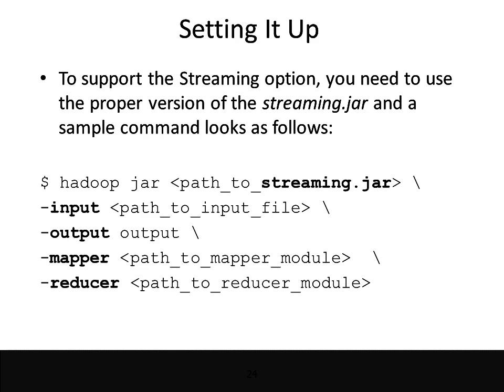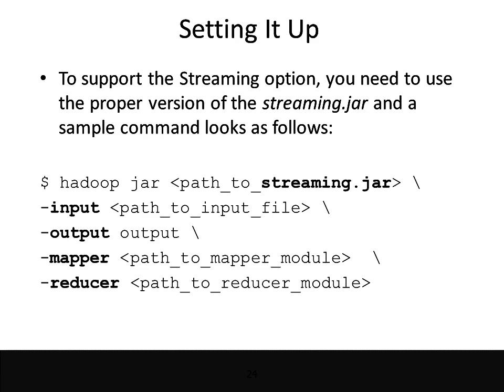We tell it what the input files are, what the outputs are to be, and then we tell it what operations are the mapper and reducer. So these are the modules that are responsible for simply reading from standard in, performing some operation, and writing to standard out. So this dramatically simplifies, in many senses, the effort of actually setting up and running MapReduce operations.